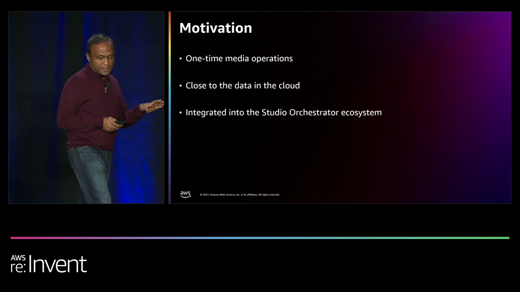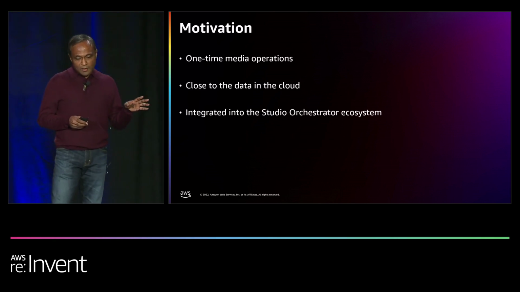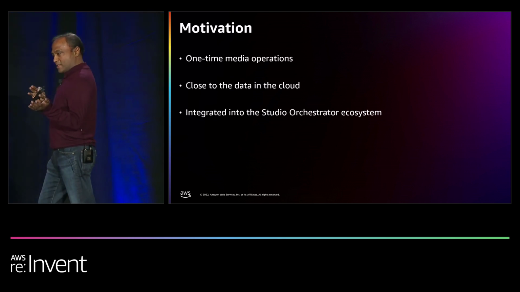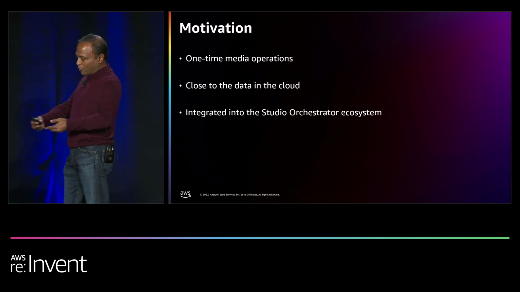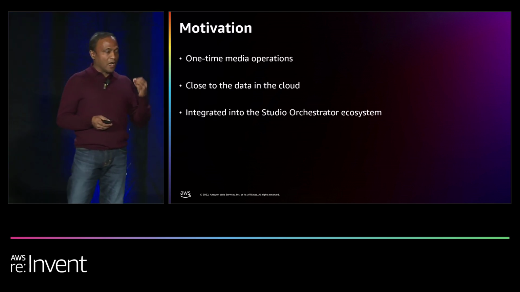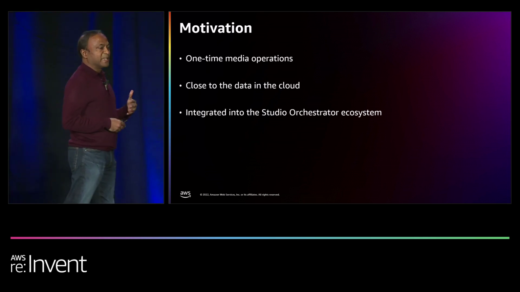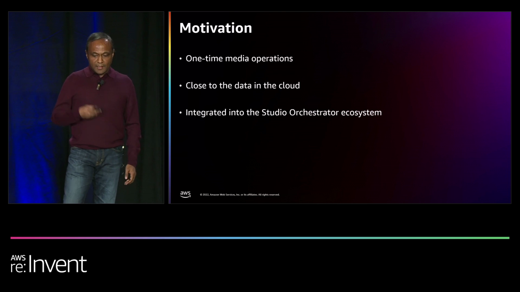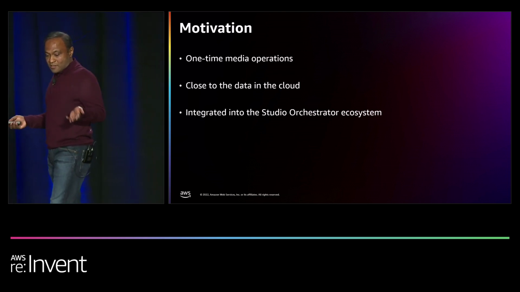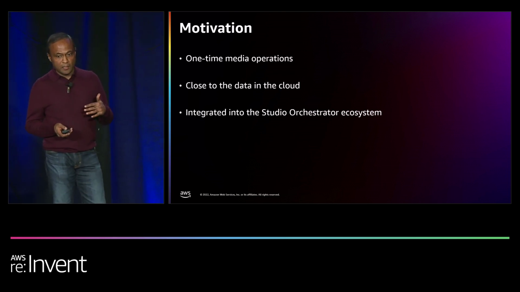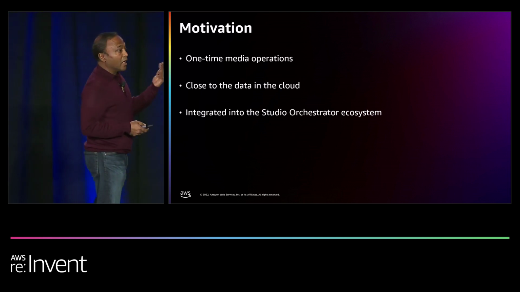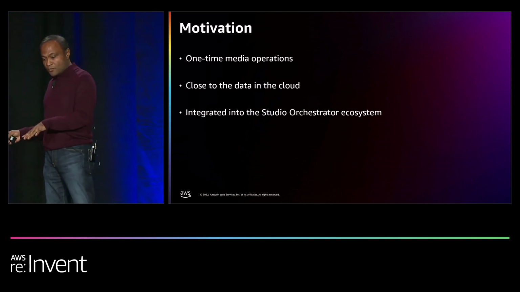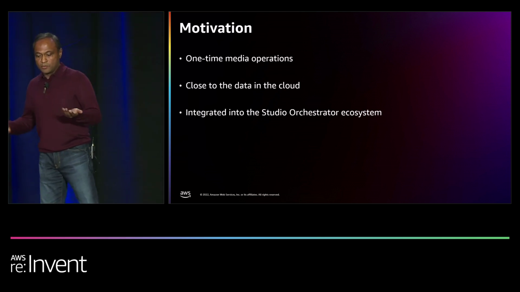For this talk, I'll mostly talk about VFX inputs processing. Before a VFX artist does their work, they get their source material. There's a bunch of prep work that needs to happen before an artist can work. In many studios, this is done manually, but we have automated a lot of it so that the artist can focus on the creative, and whatever the machines can do for them, we do using Studio Orchestrator.